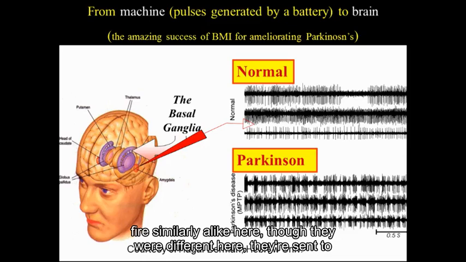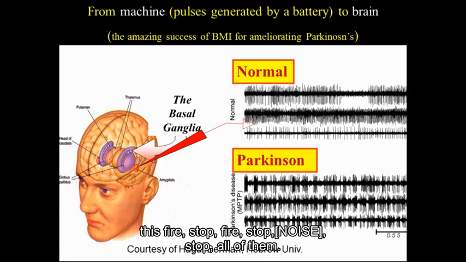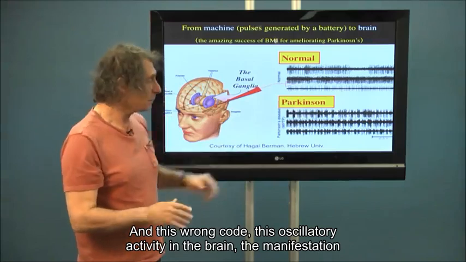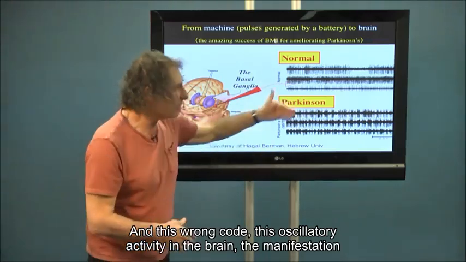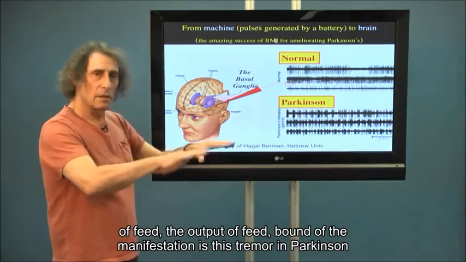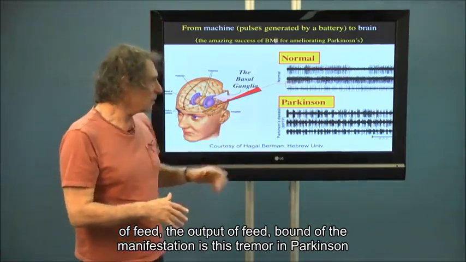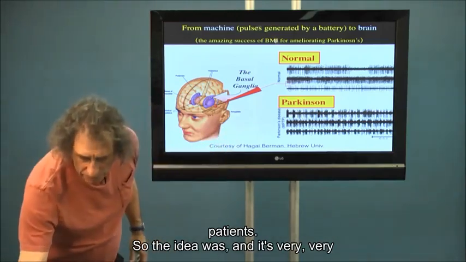Unlike here, where they were different, here they seem to synchronize together. And so the whole network is doing like this. Fire, stop. Fire, stop. All of them. And this wrong code, this oscillatory activity in the brain, part of the manifestation of it is the tremor of Parkinsonian patients.